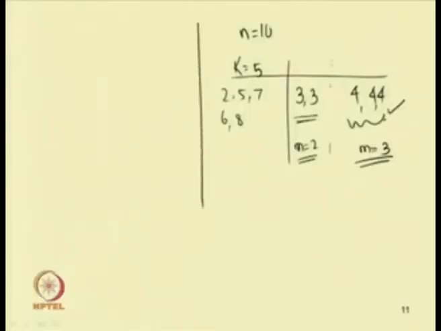So, let us assume that the eigenvalue lambda m has multiplicity n m. For example, in this case the 6th eigenvalue has multiplicity 2 and the 7th eigenvalue has multiplicity 3.